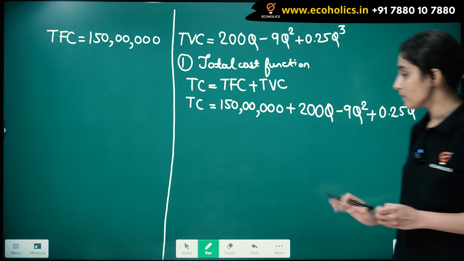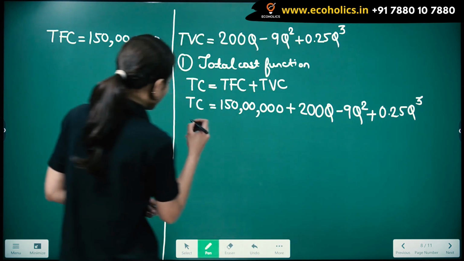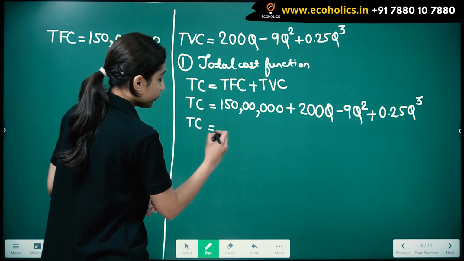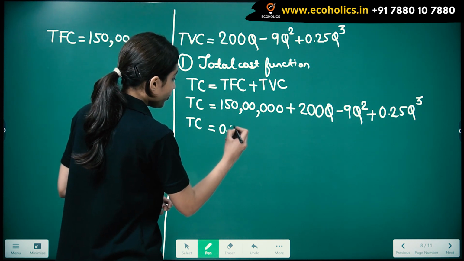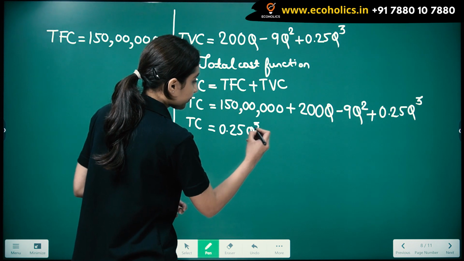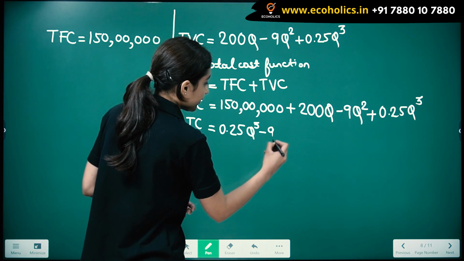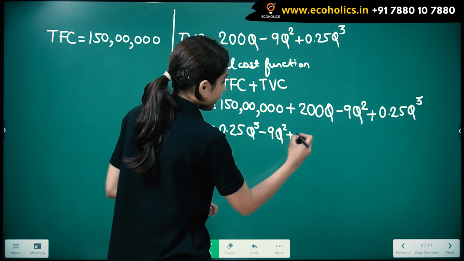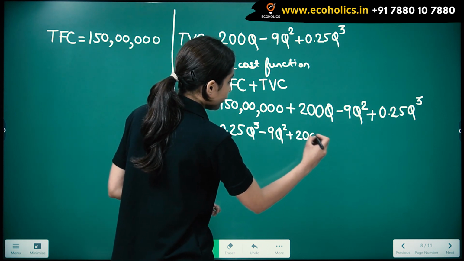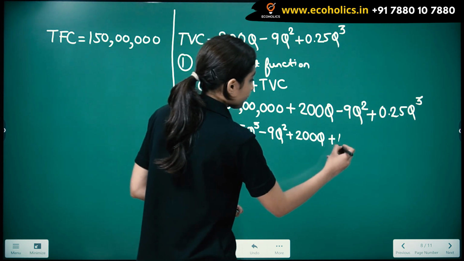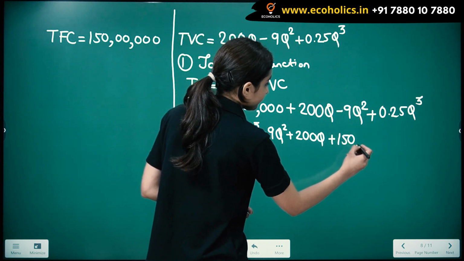We can just arrange this. What we get is total cost is equal to 0.25 Q cube minus 9Q square plus 200Q plus 150 lakhs.